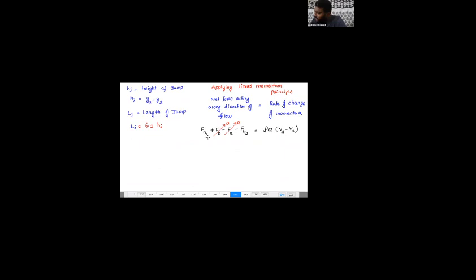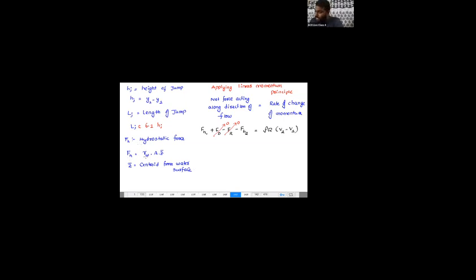So the hydrostatic force, Fh, is equal to gamma W into A into Z bar, where Z bar is the centroid from the water surface.